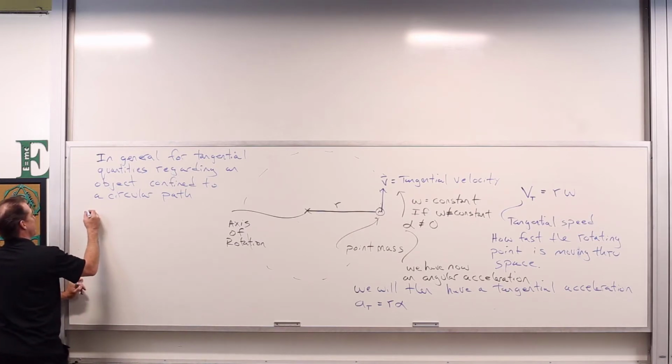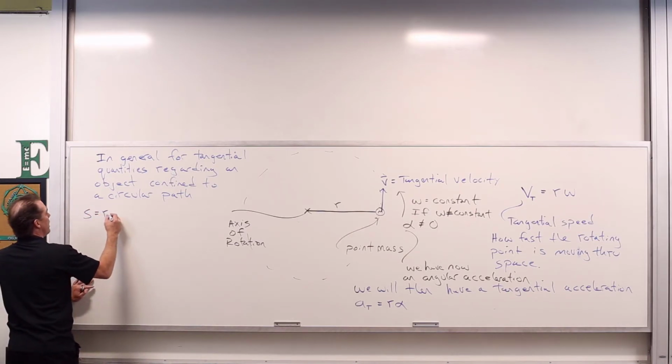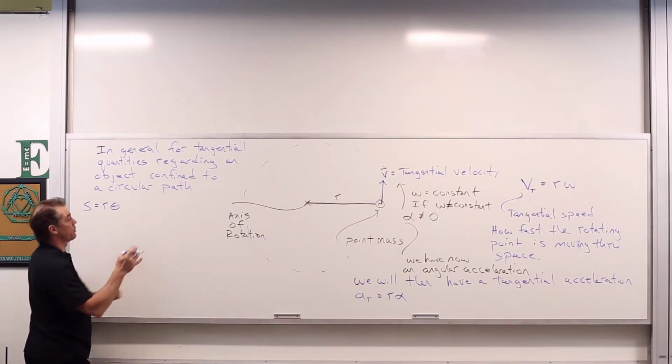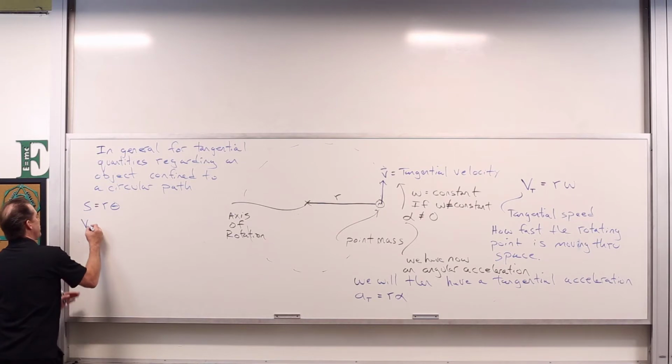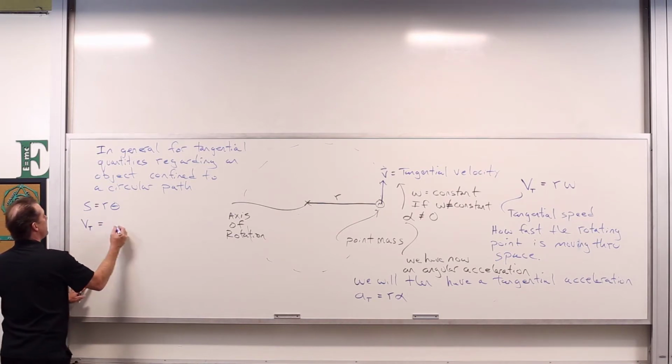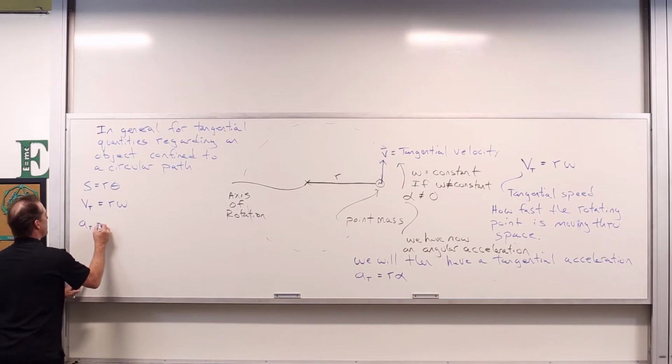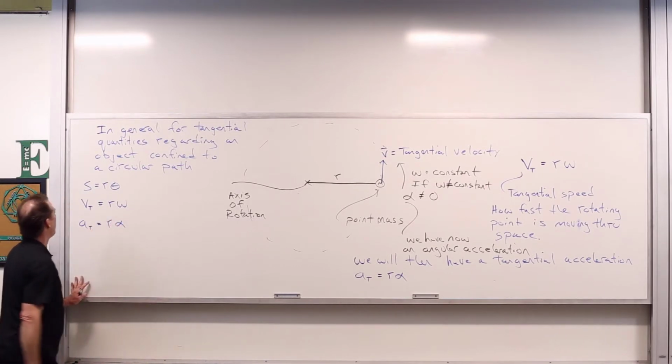That's just the distance it travels. S equals r theta. And then we've got ourselves the actual v sub t, tangential speed is equal to r omega, and a sub t is equal to r alpha.